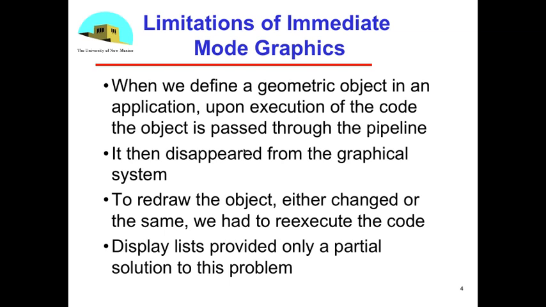It was partial because display lists, as in the pre-3.1 OpenGL, lived on the CPU side. So to re-execute or change a display list was difficult because it was basically a static entity. If I wanted to change its contents, I basically had to generate a new display list, destroy the old one, swap the names, and go through the path from the CPU to the GPU, which wasn't very efficient.